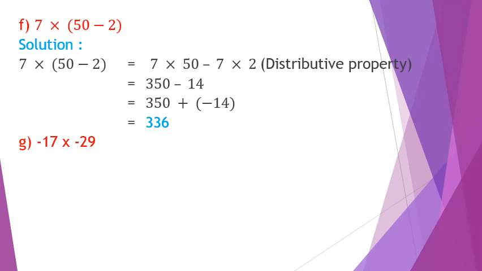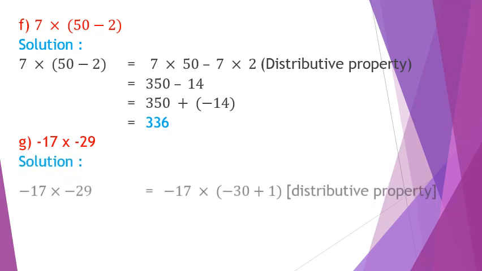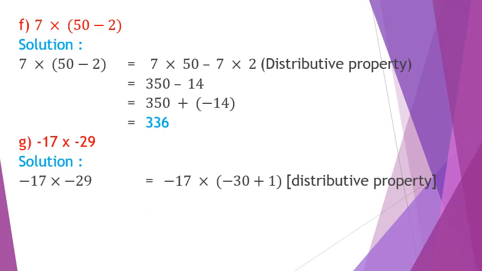Then we can apply the distributive property. So, in the first step, minus 17 into minus 29 equal to minus 17 multiplied by minus 30 plus 1. Now, minus 17 into minus 30 plus minus 17 into 1.